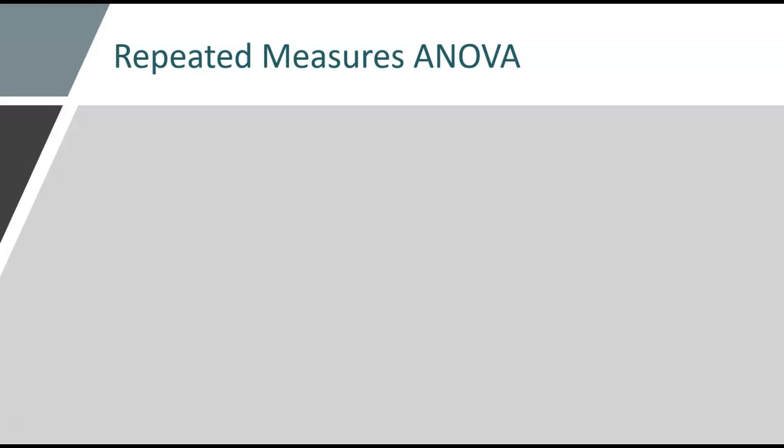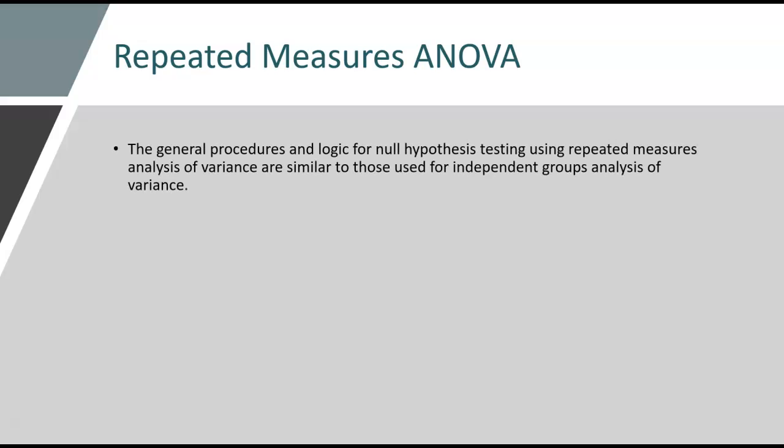Now we're going to shift gears and talk about repeated measures ANOVAs. You understand the logic of the dependent t-test, where basically it's repeated measures, but it's only one comparison that you're making.